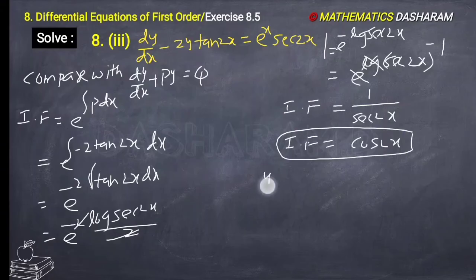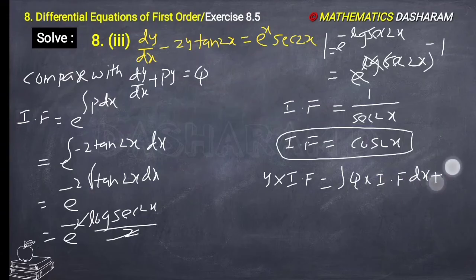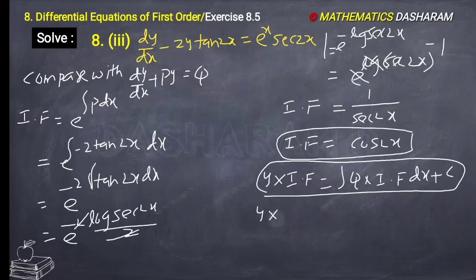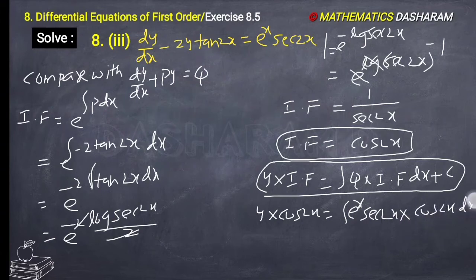Now the solution is y into integrating factor equals integration q into integrating factor dx plus c. So here y into integrating factor cos 2x equals integration of q, which is e power x into sec 2x, into the integrating factor cos 2x dx.